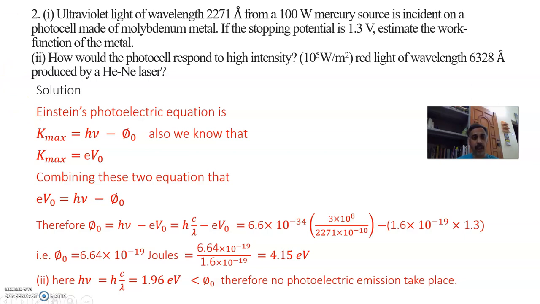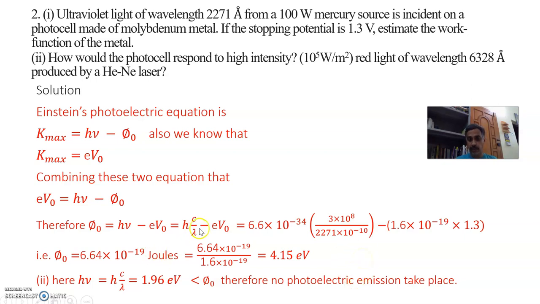And the second part says, how would the photocell respond to high intensity, say 10 power 5 watt per meter square, red light of wavelength 6328 angstrom unit produced by a helium laser. So we have to substitute, instead of 2271 angstrom unit, 6328 angstrom unit, red light, into 10 power minus 10 meters, right?